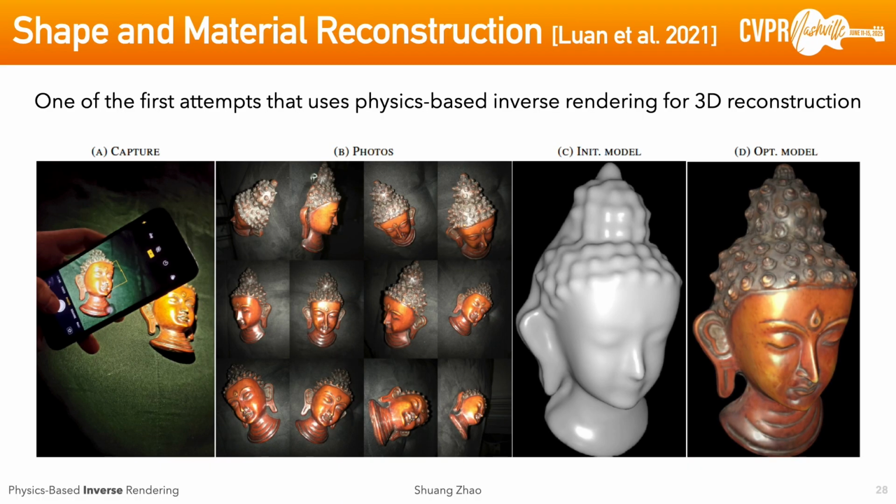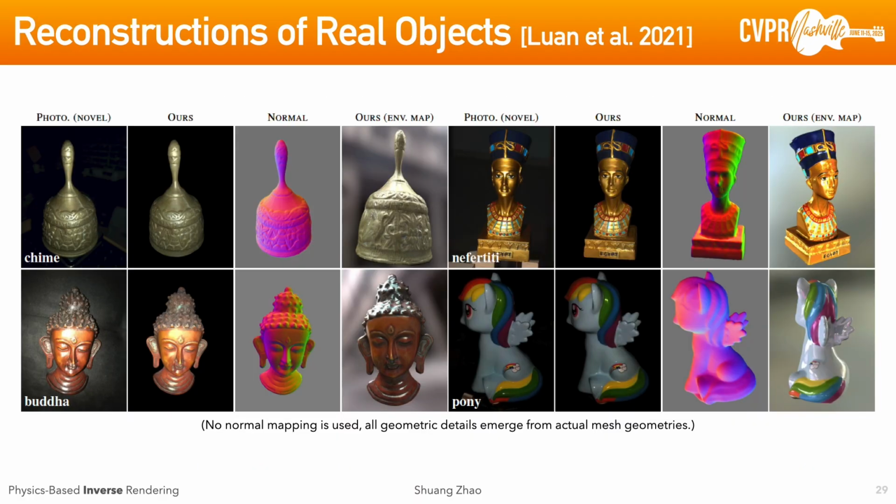In 2021, this was the first paper where we tried to embed physics-based differentiable rendering into these inverse pipelines. In this work, we took a number of multi-view photos and jointly optimized the shape and the material properties of an object. These are some of the results. I think they are already high quality.